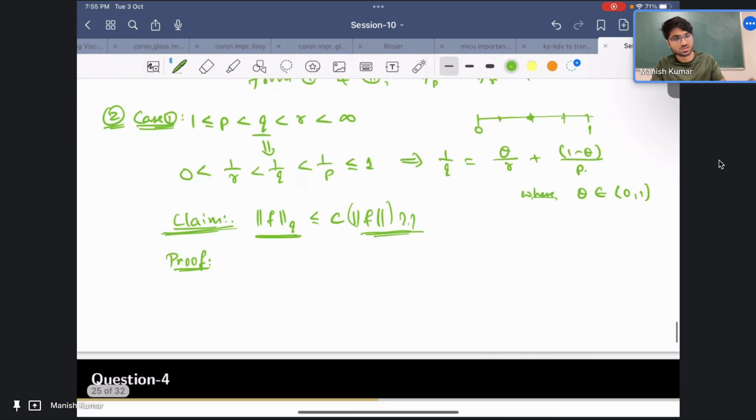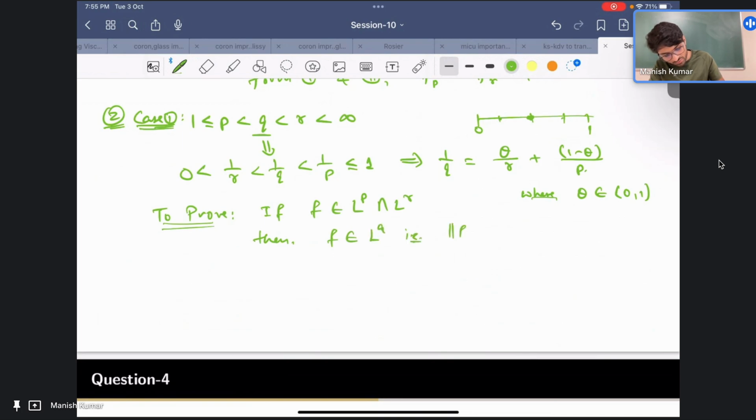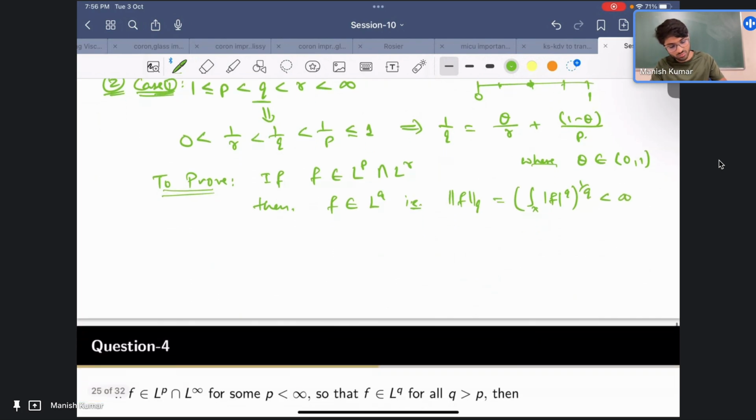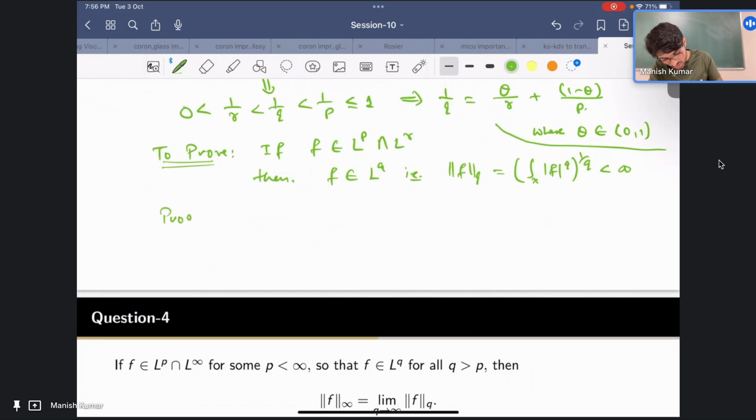So to prove that if f belongs to L^p intersection L^r, then f belongs to L^q, that is, the norm of f in L^q, which is the integral over x of mod f to the q, to the power 1/q, is finite. This is what I want to prove.